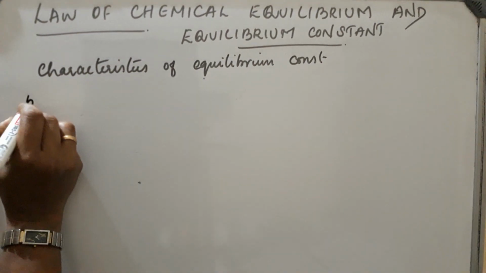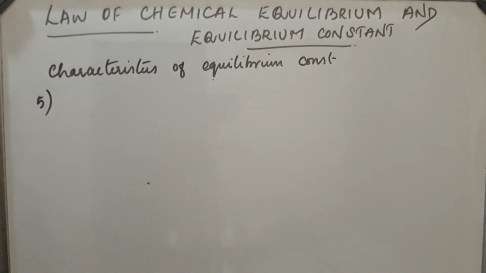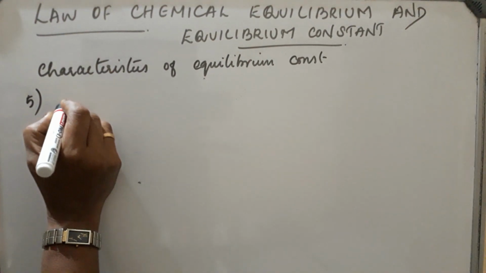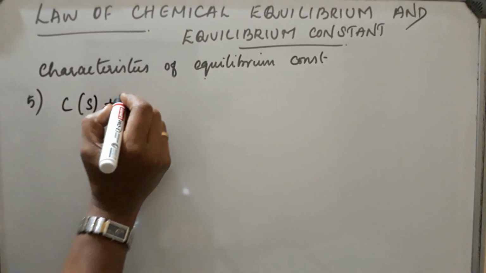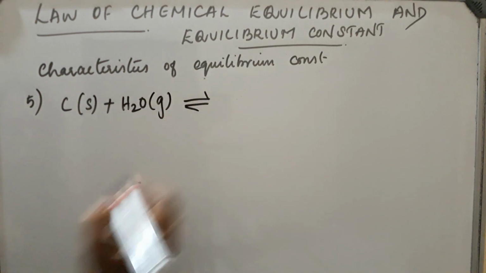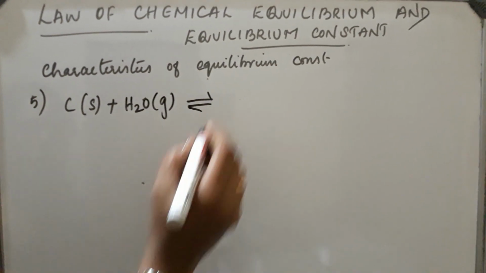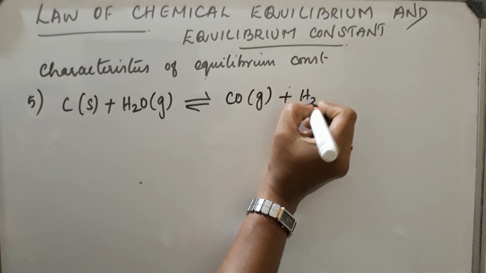Okay. Now, next, fifth point. Do not include concentration terms for pure solids and pure liquids. So, while we are writing the equilibrium constant, we are considering only gaseous substances. So, for example, the equation C solid plus H2O gas gives CO gas plus H2 gas.